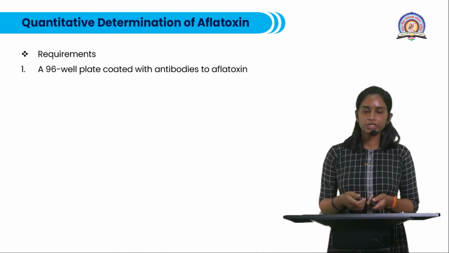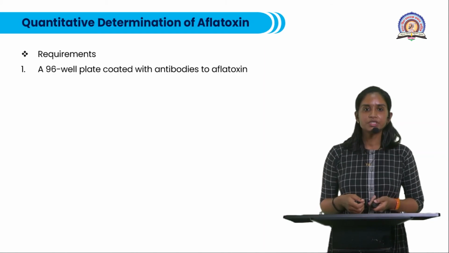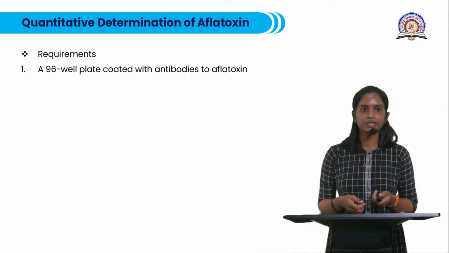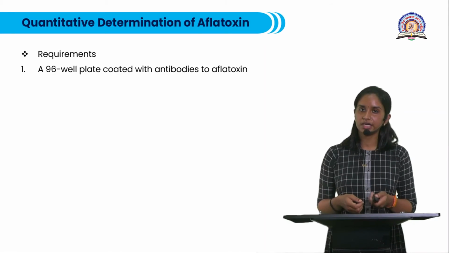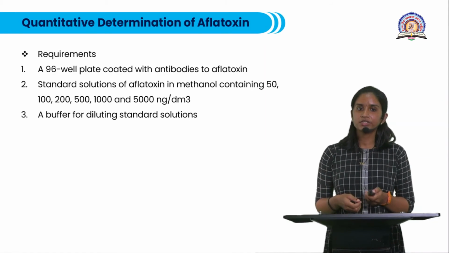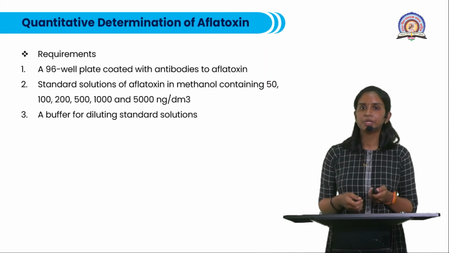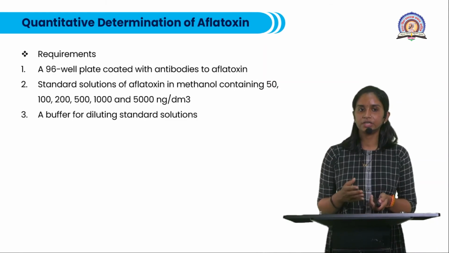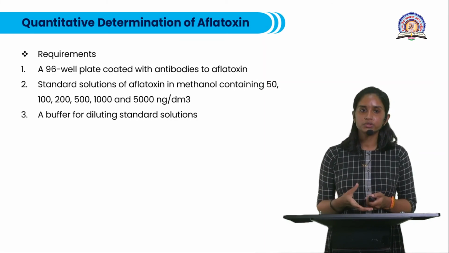Now we will see how it is performed. The requirements for performing this technique are, first, a 96 well plate coated with antibodies against aflatoxin. Second, standard solutions of aflatoxin in methanol containing 50, 100, 200, 500, 1000 and 5000 nanograms per dm3. Why are these standard solutions required?